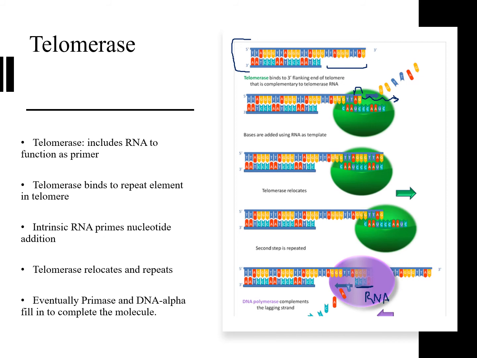And then DNA Pol alpha can synthesize and complete the rest of the molecule. And of course, we'd still need a little ligase to come in and glue that little bit together. So in that way, we've solved the end problem.